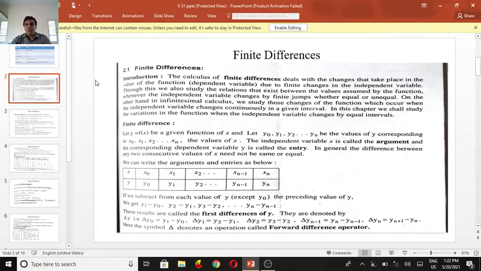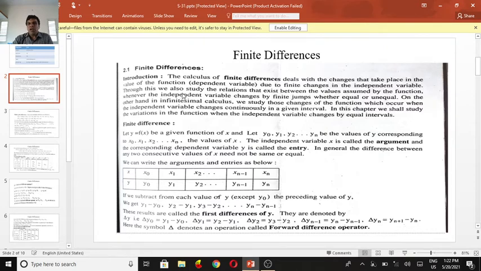In the same way, we express what the finite difference is. The calculus of finite differences deals with the changes that take place in the value of the function, the dependent variable, due to finite changes in the independent variable.